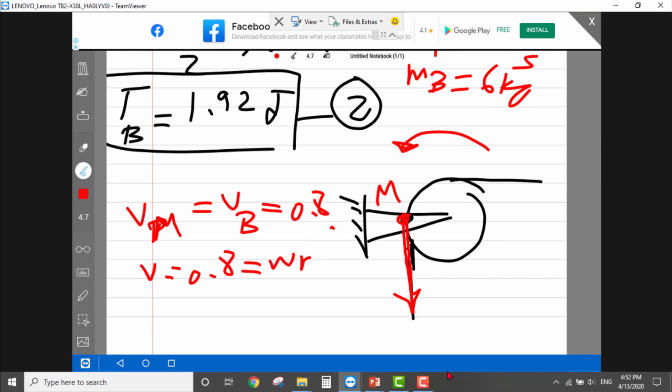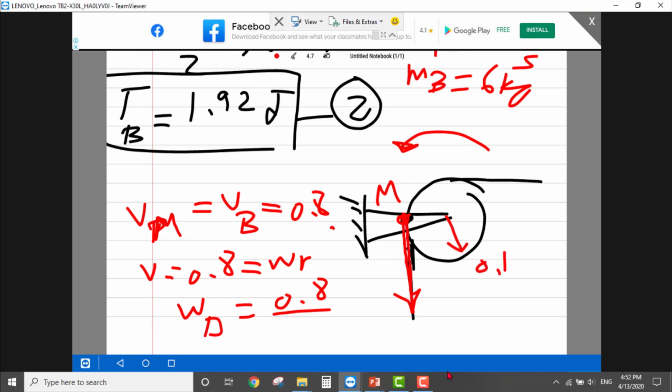Okay. Or I can say that omega for the disk D, omega D, equals 0.8 divided by the radius, and the radius from the drawing equals 0.1 meter.